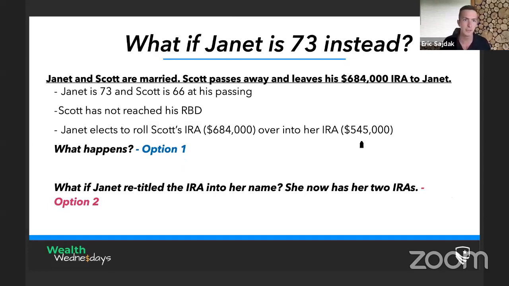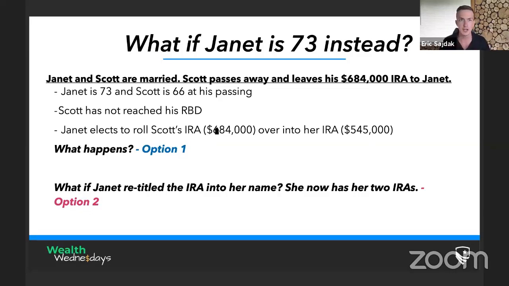Let's go through another example. Let's say that Janet is 73. Everything else is the same. Scott has still not reached his RBD date. Janet elects to roll those IRAs together to make that $1.2 million account. What happens? Well, because Janet now is older than her RMD age, she is going to start having to take RMDs out from that $1.2 million account.